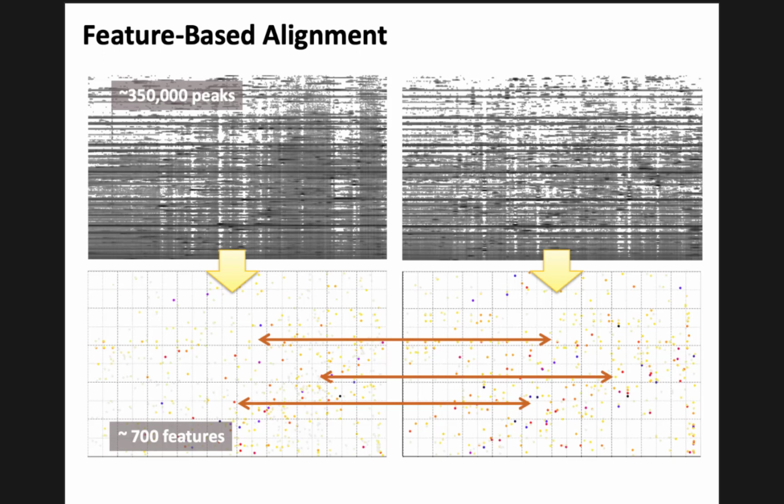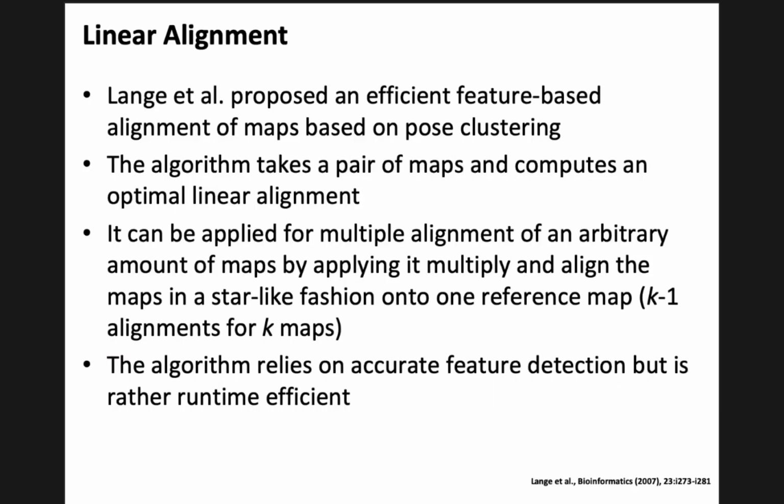There are many things that can happen. But it's not common that the retention time goes up and then down again and changes drastically over this whole map. It's usually a linear shift that is applied to the whole map. And that is why the simplest alignment algorithms are linear alignment algorithms, and they take care of, say, 90% of the shift, and the nonlinearity is the rest, and usually occurs at the beginning and the end of the map.